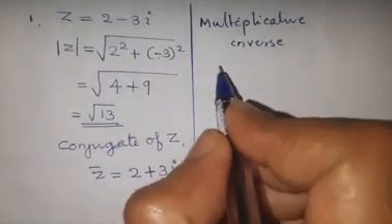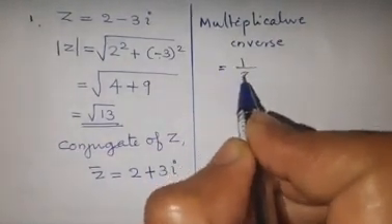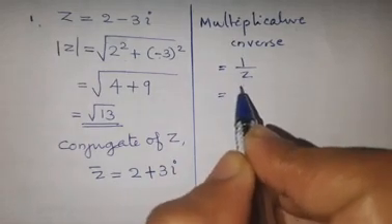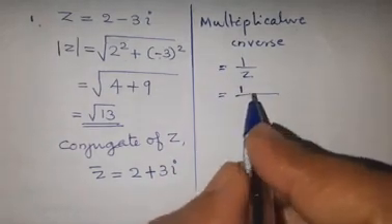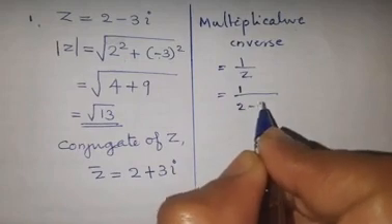Multiplicative inverse of z is 1 by z, that is 1 by 2 minus 3i.